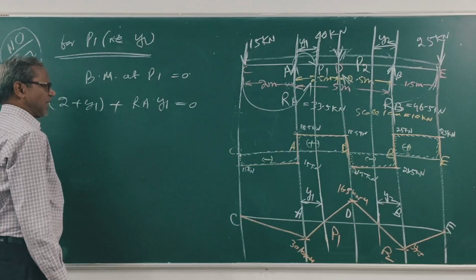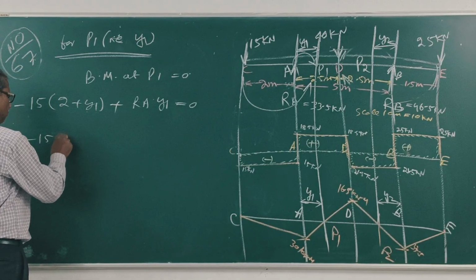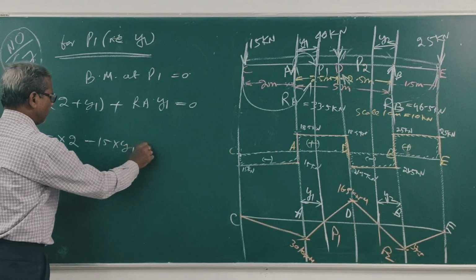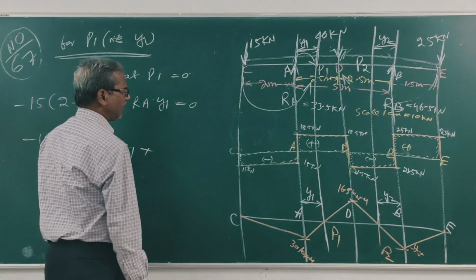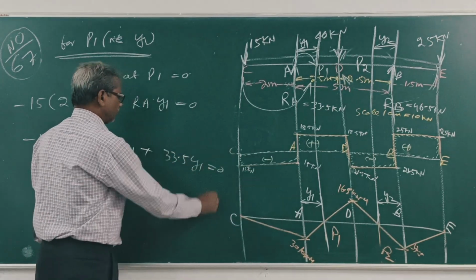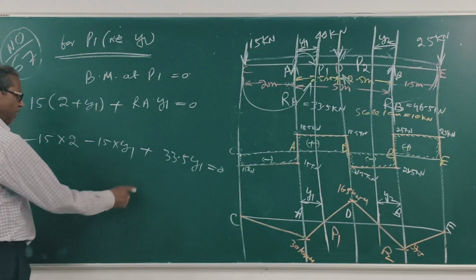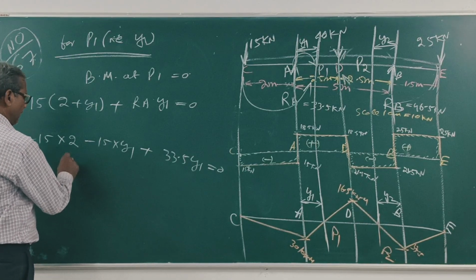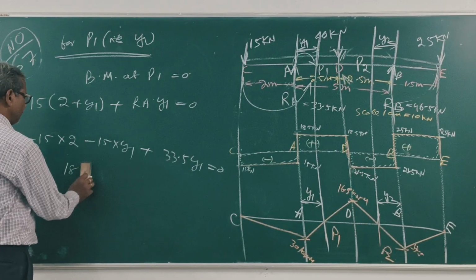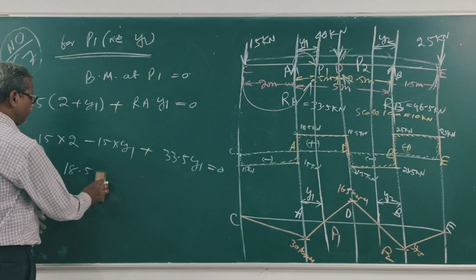What is R? 33.5. So minus 15 into 2 minus 15 into y1 plus 13.5 into y1 is 0. Take this side. So 13.5 minus 15 gives minus 1.5 times y1, equal to 30.